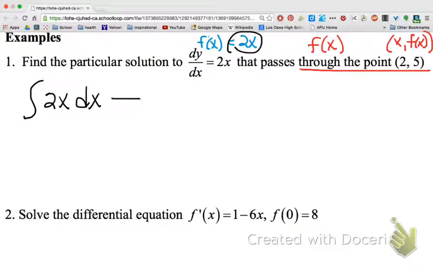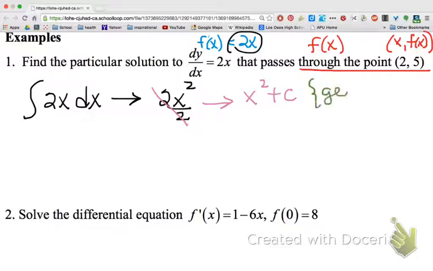And of course, when I do that, I'm going to power back up, so that'll turn into a 2, which means I divide by 2. And then of course, these 2's are going to cancel, so I get x squared plus c. And of course, that is my general solution. Oh, by the way, this is in fact f of x.